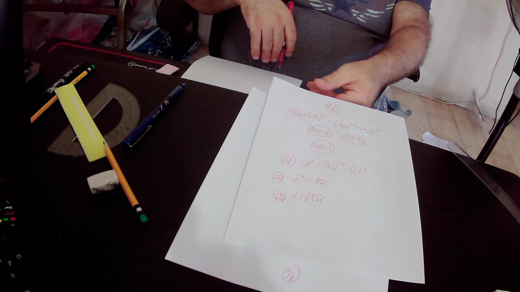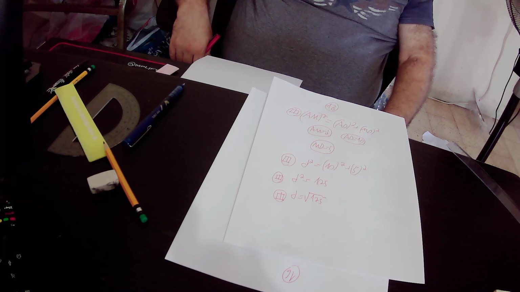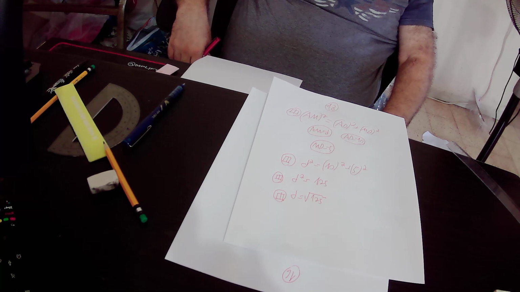Okay, d equals root of 125. 125 equals 25 times 5.